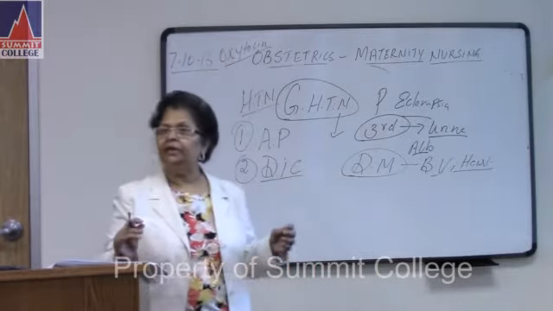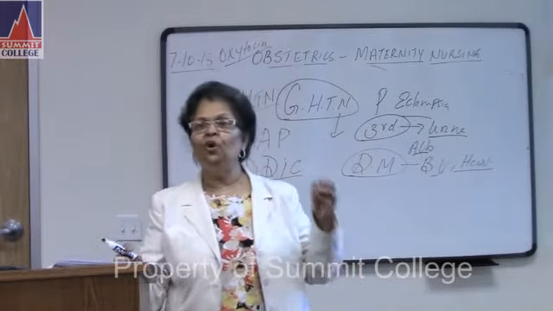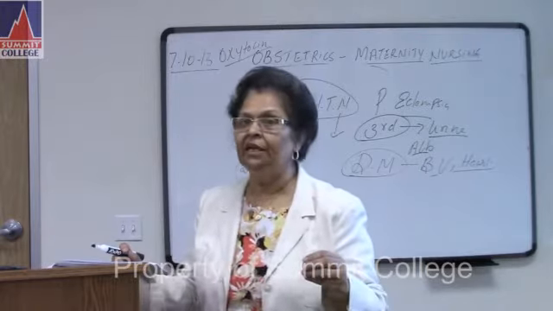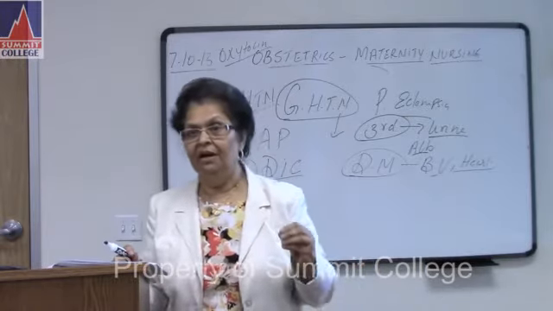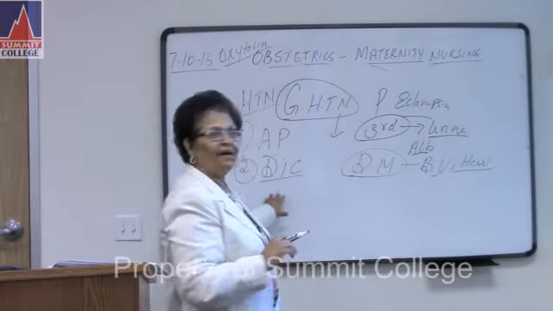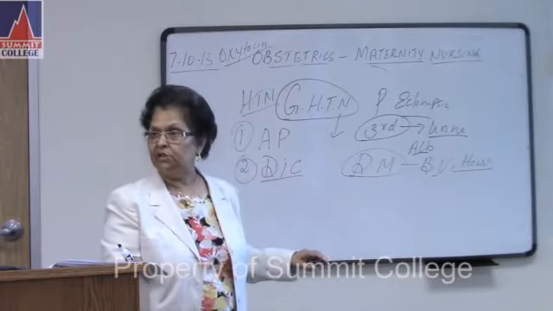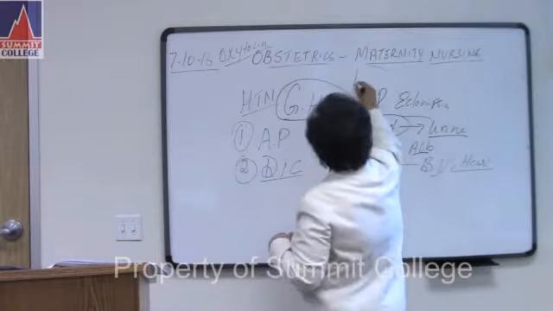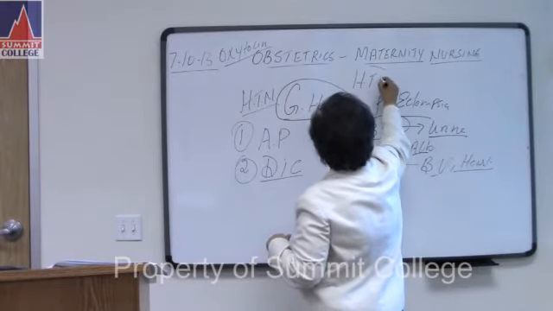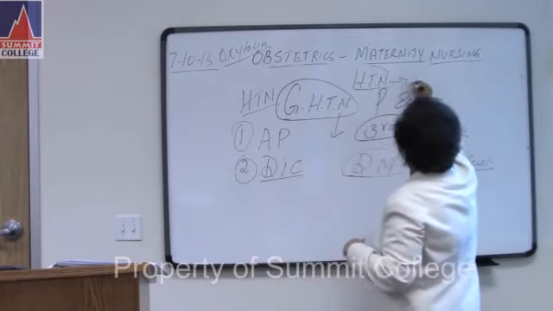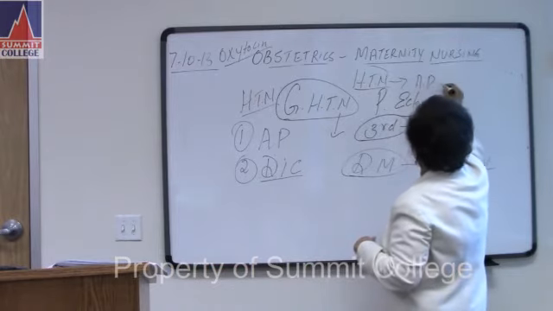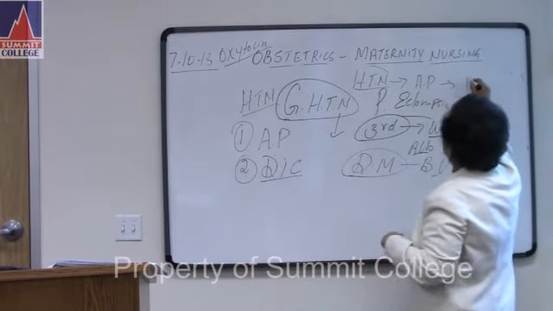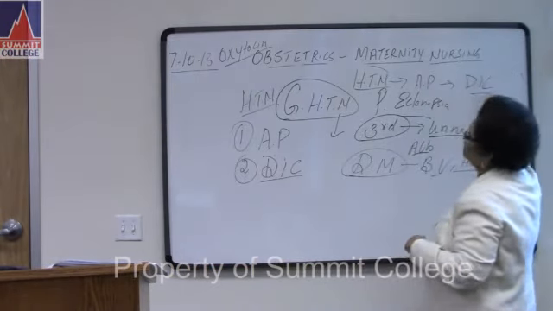Everyone connect three things here. When you have hypertension and someone with a bleeding disorder, which is called DIC. So remember: hypertension or preeclampsia leads to abruptio placenta, and abruptio placenta leads to DIC.